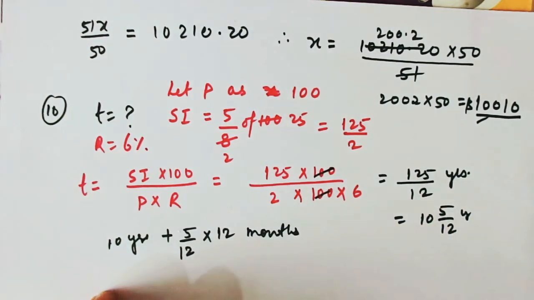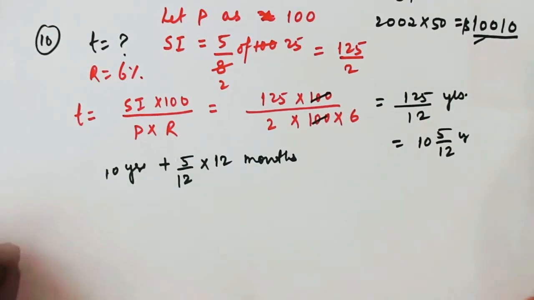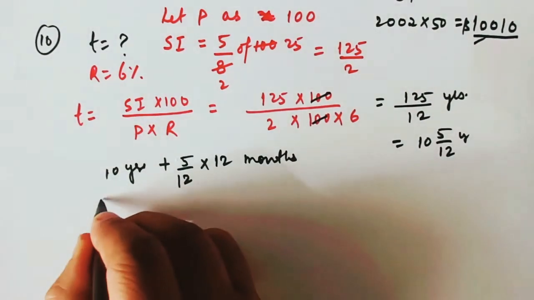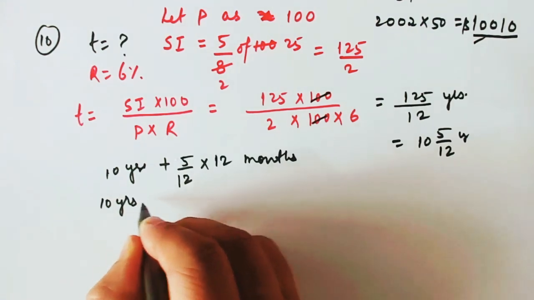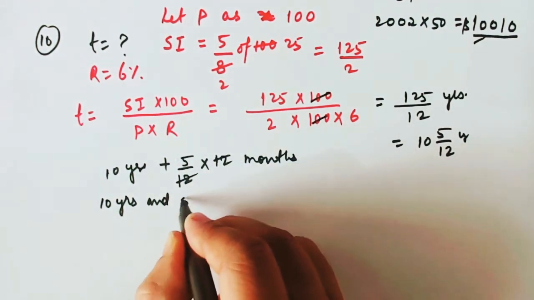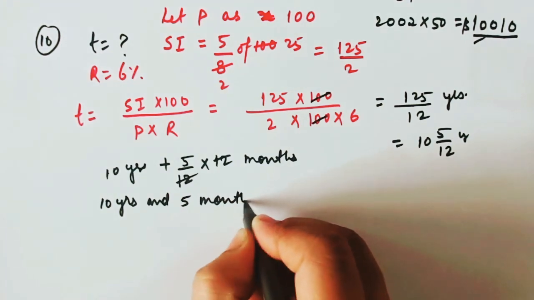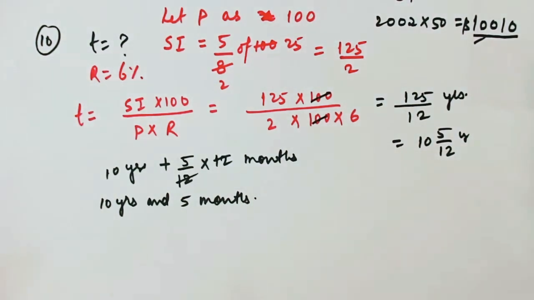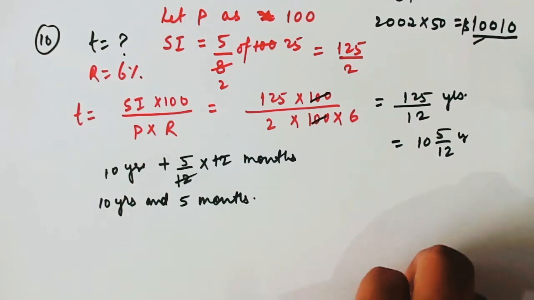Therefore finally, you will get 10 years and 5 months. Okay, this is our final solution. Clear? Moving on to the next one.